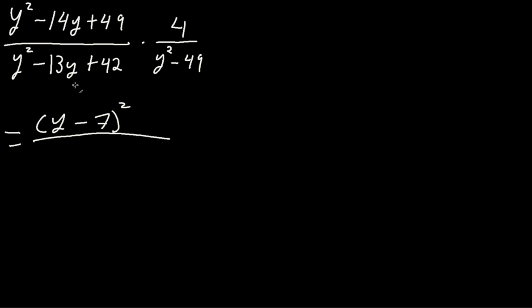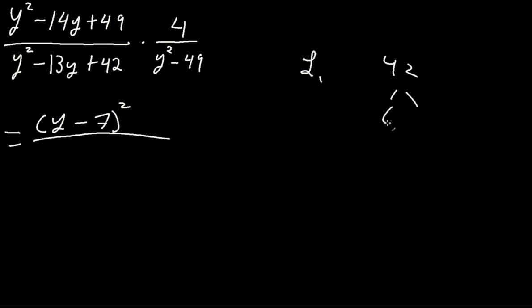What about the denominator? We have y squared minus 13y plus 42. This has a leading coefficient of 1, so we have to find factors of 42 which add to 13. Well, what could that be? 42 divided by 3, no. 42 divided by 2, no. Divided by 6, 6 and 7 would work.